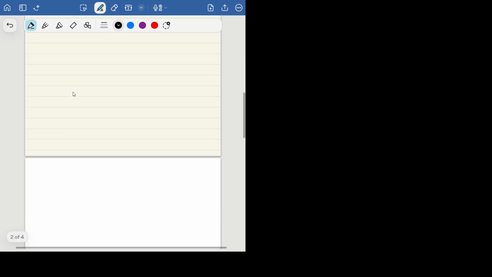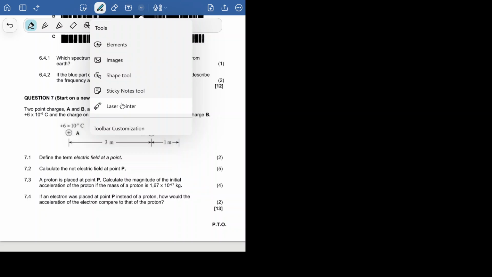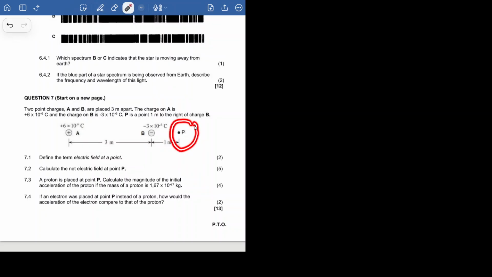Now for 7.2, let's go read the question. Now they want us to calculate the net electric field at point P. So looking at the information here, the net electric field that is going to be at point P, which is this one, this will impose a force there.